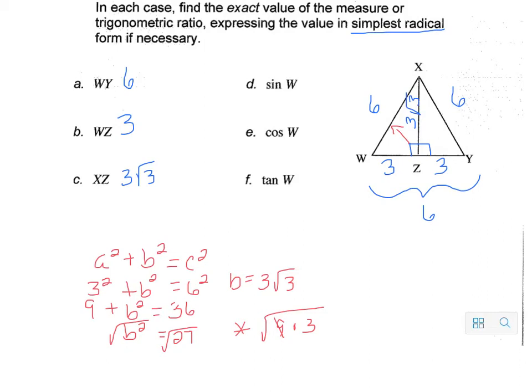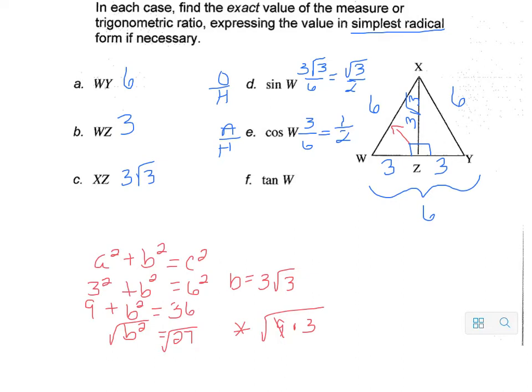Okay. Sine of W, sine is opposite over hypotenuse, which would be 3 radical 3 over 6, which can be reduced to radical 3 over 2. Okay. Cosine of W, which is adjacent over hypotenuse, is 3 over 6, which can be reduced to 1/2. And yes, you have to reduce if you can.